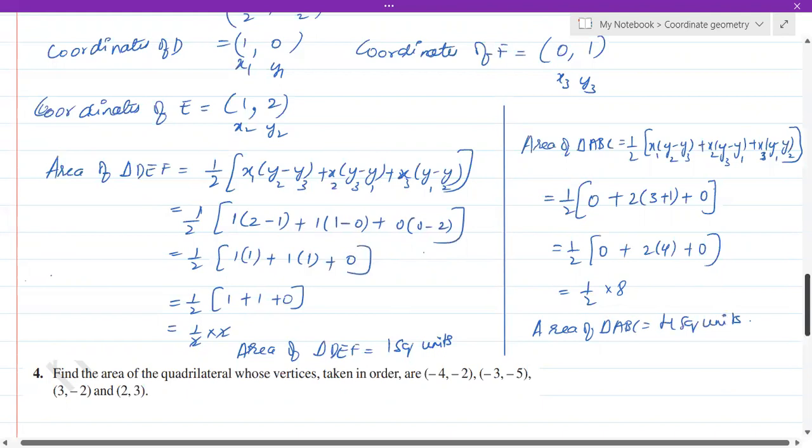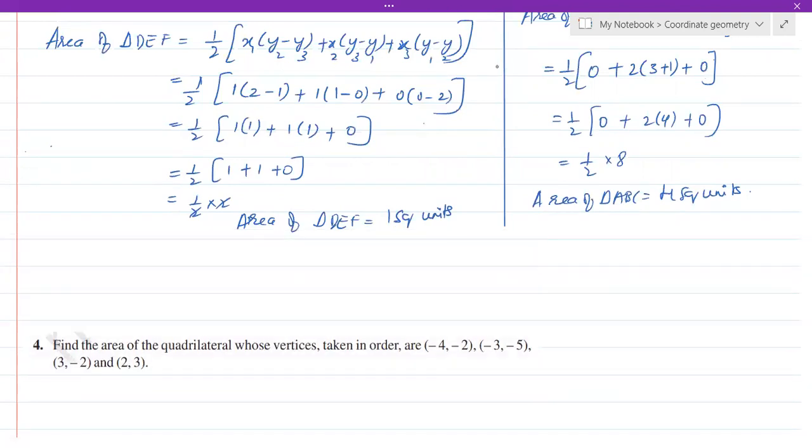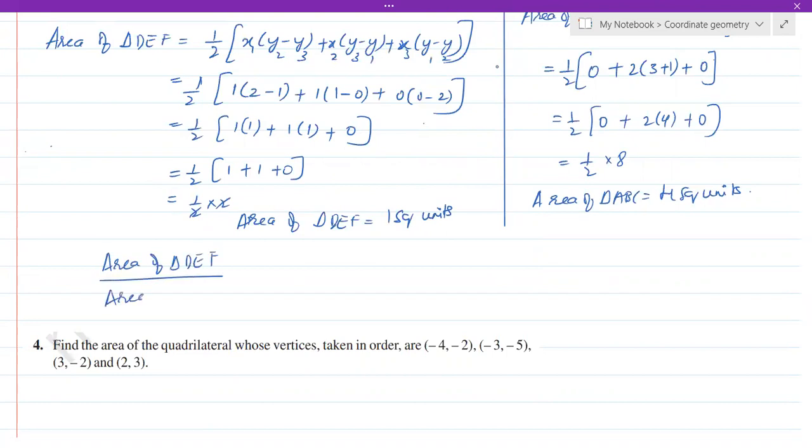Now if you take the ratio of area of triangle DEF to the original one, area of triangle ABC. Area of triangle DEF is 1. Area of triangle ABC is 4. Therefore, what is the ratio? 1:4.